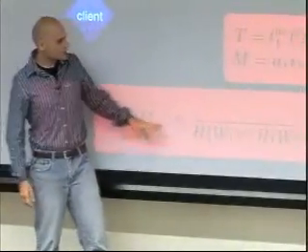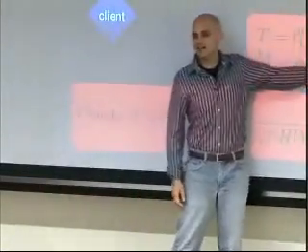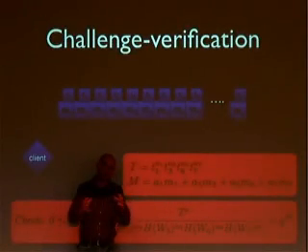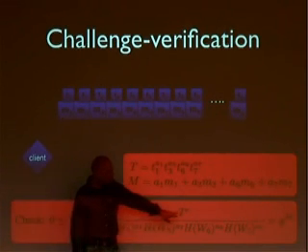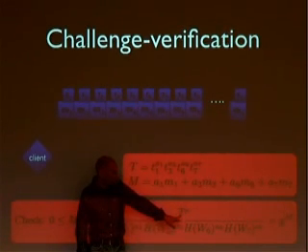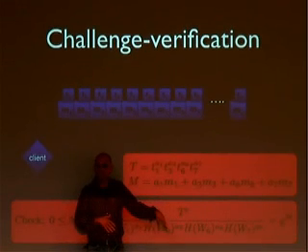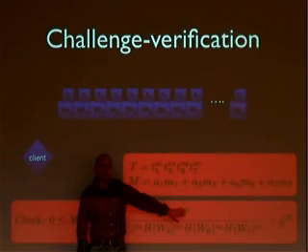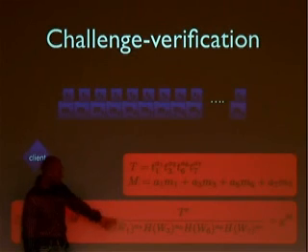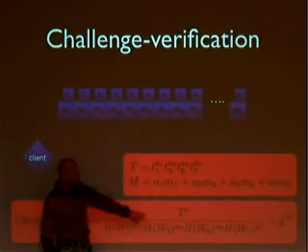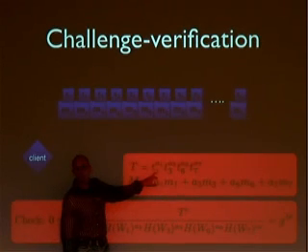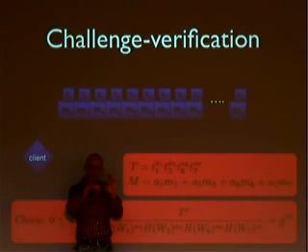So what I do is I verify that this aggregated tag was computed correctly. I take whatever the cloud provider sends me and raise that to E. And then I divide this by, if you remember how these Ti were formed, H of the index times G to the file block.